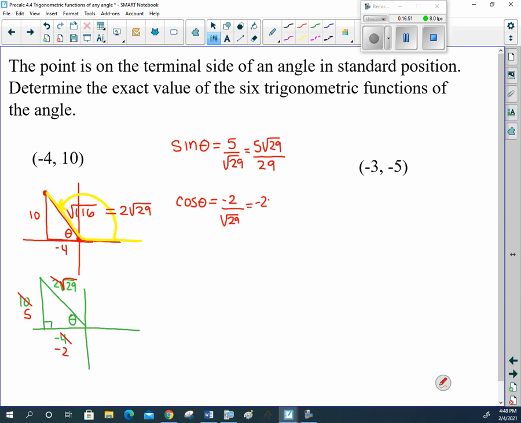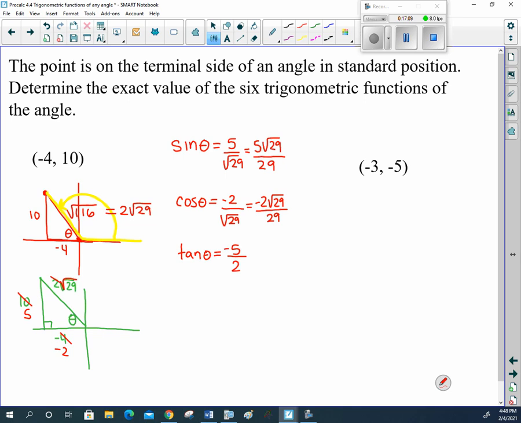Rationalize that. And tangent theta is going to be opposite over adjacent. And since the 2 is negative, I'm just going to make that a negative 5 over 2.